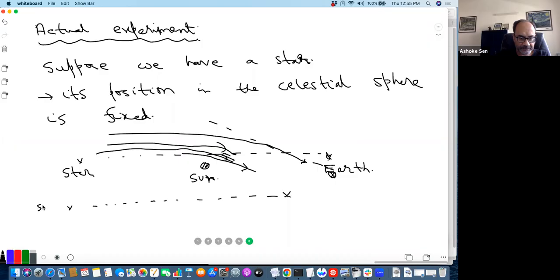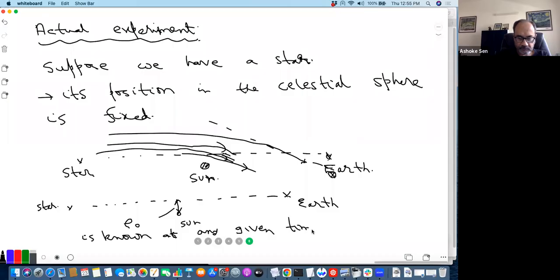This is the star, this is Earth, this is the sun. This distance, which is rho zero, is known at any given time. This is just from astronomy.